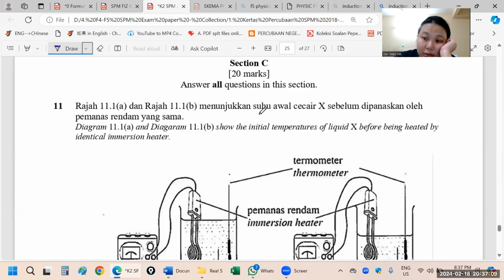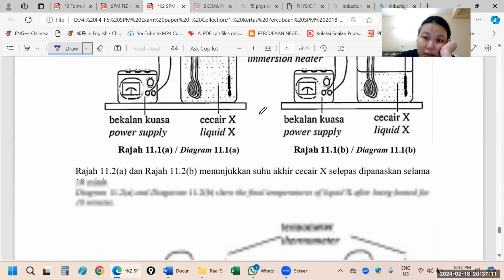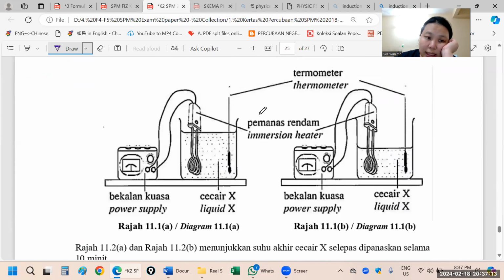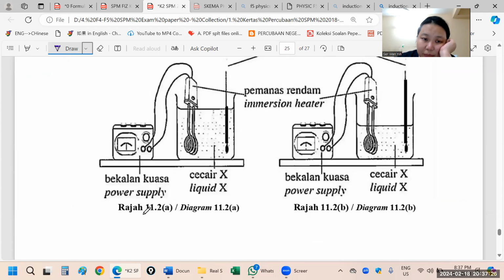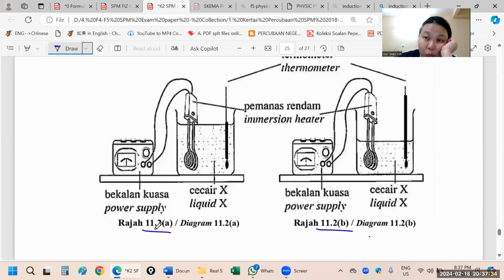Okay, so now the last one is section C. So you can see the power supply, 11.1A, 11.1B. Then this one is 11.2A, 11.2B. So when you make comparison, remember must mention A or B, 1 or 2.